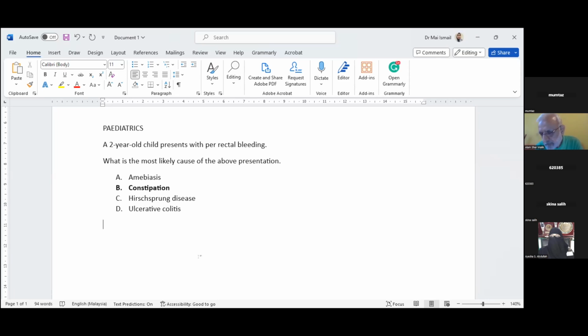Maybe all four or five options are correct, but we are asking what fits in this scenario, so there would be only one option that exactly fits.